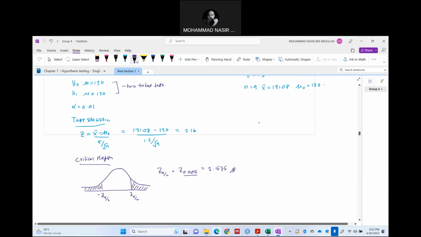So for this rejection area, the critical value is negative 2.575 and this one is 2.575.